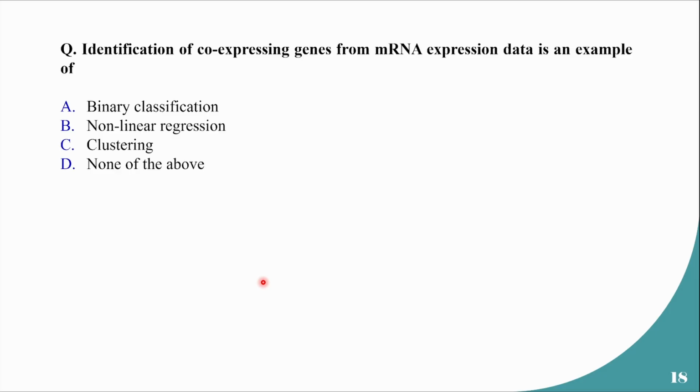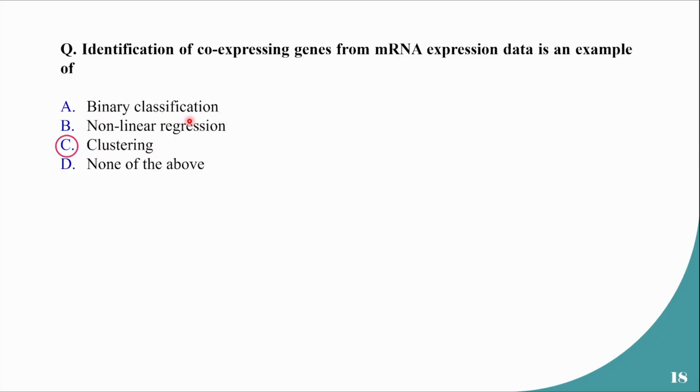Now again, it is asking about identification of co-expressing genes from mRNA expression data. That could be an example of what? I'll just briefly go over this set of problems. It was also present in one of the earlier iterations of the course. What they were talking about is the clustering algorithm.